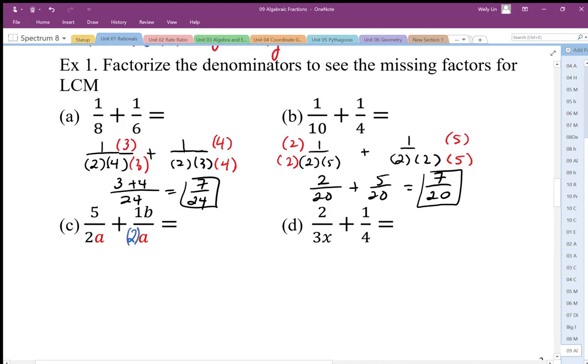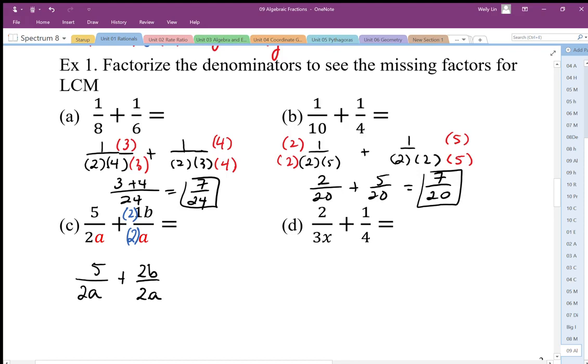Now I have the same denominator, but I've made this fraction different. But I can make it an equivalent fraction as long as I balance the top and the bottom. So if I times 2 on the top and bottom, now I have 5 over 2a plus 2b over 2a.